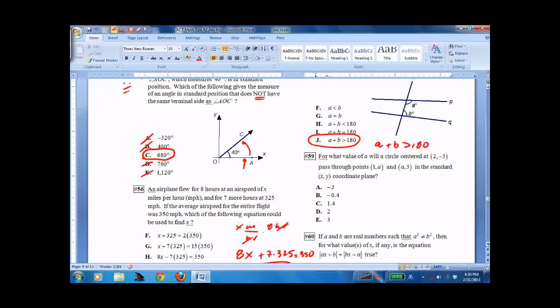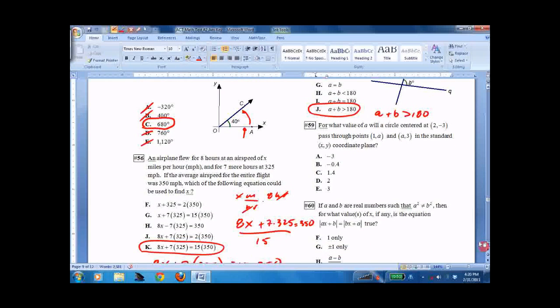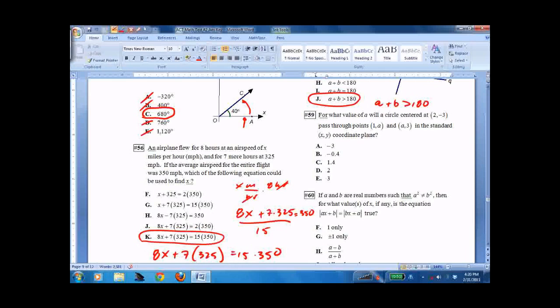59, very tricky problem. Let's remember the equation of a circle. It's x minus h squared plus y minus k squared equals the radius squared. I don't know the radius here, but I do know that this is one half of an equation and this is the other half.